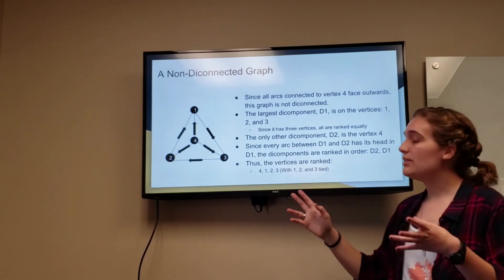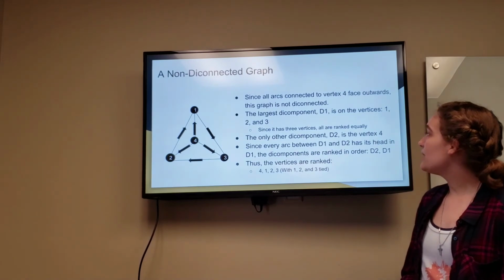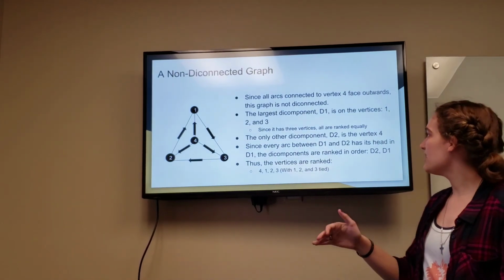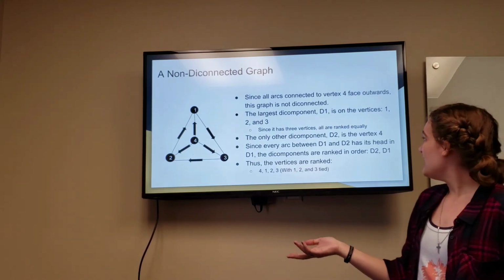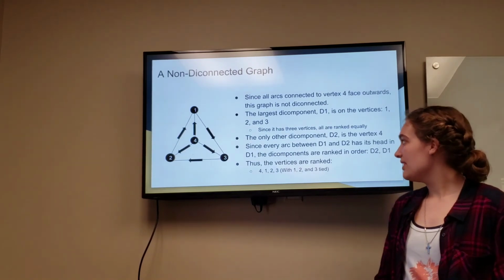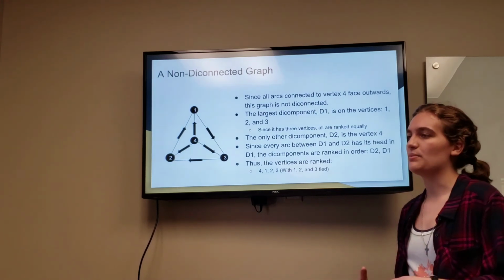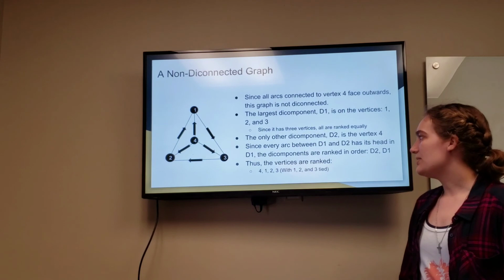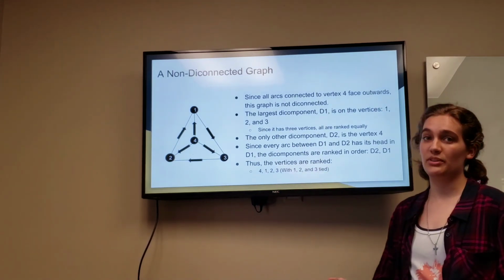Then we have to look at the 2 different components. Since every arc between the first and second dicomponent has its head in the first one, that means the first dicomponent is ranked last. So altogether the vertices are ranked 4, and then 1, 2, 3, with 1, 2, 3 being tied.